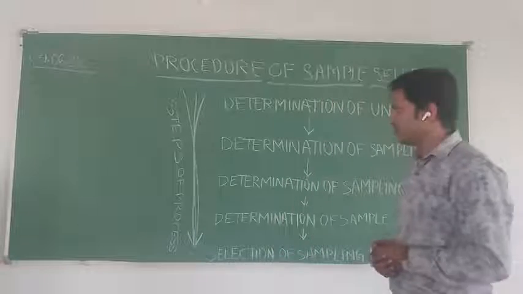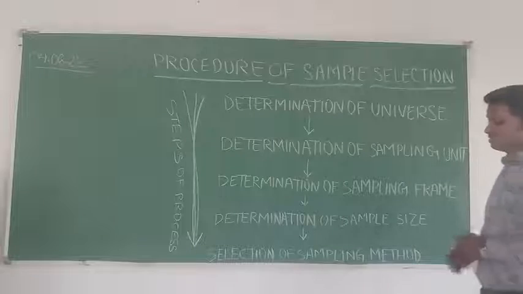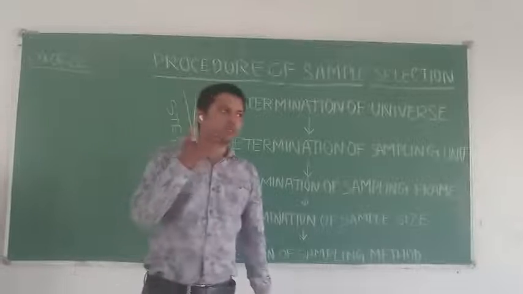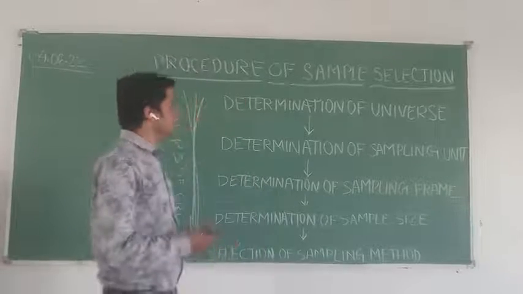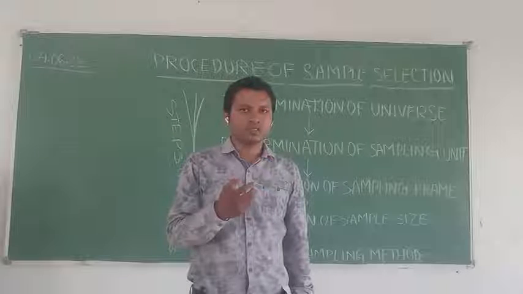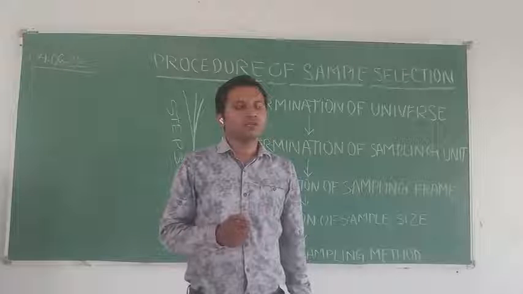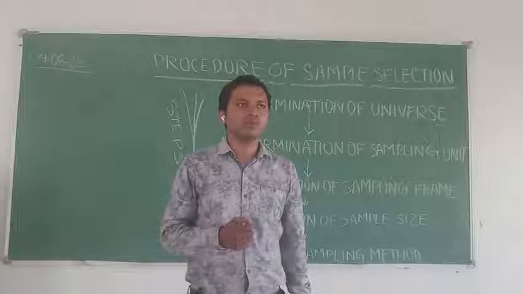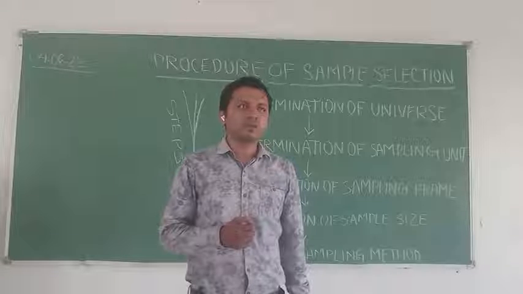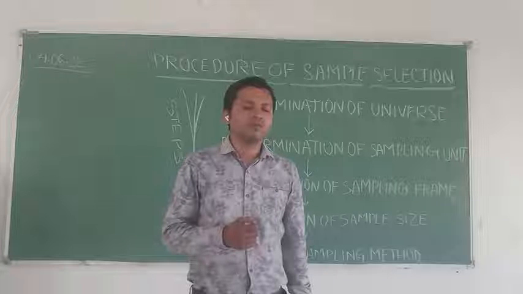So, here are a few steps. In these steps, we can analyze the step-wise process of how to select a sample for our research work. Our research work is a specific work in the sense of social research, so we have to decide which kind of sampling is appropriate for it.